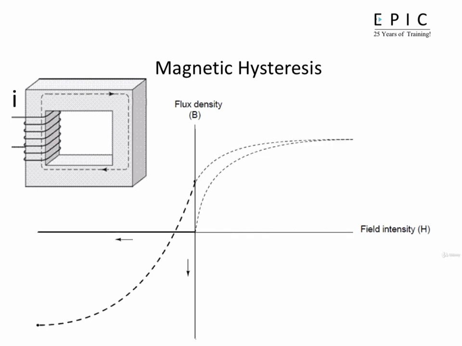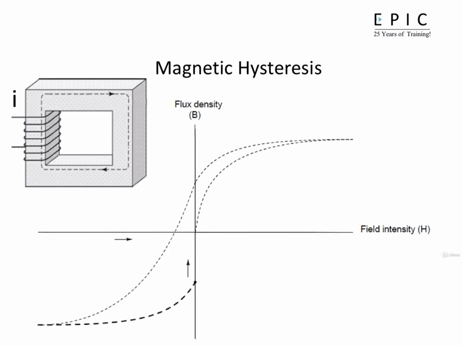Now we will slowly apply the same amount of magnetic field force in the opposite direction. The flux density has now reached a point equivalent to what it was in the full positive value of field intensity, except it's in the negative direction, or in the opposite direction.